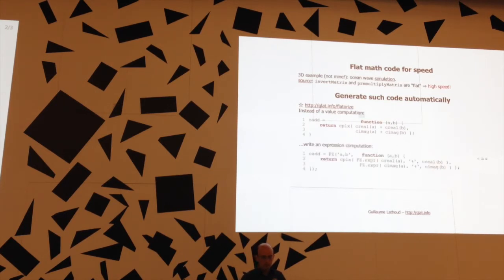And if we just transform our code a little bit using this wrapper, and instead of adding values, we just return expressions, then very optimized code will be generated for you.